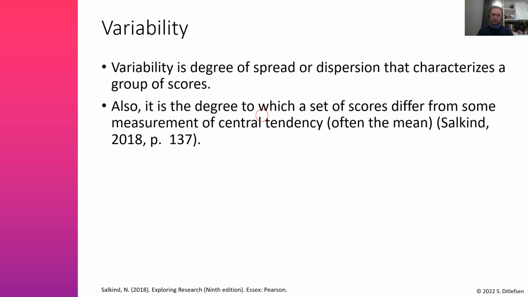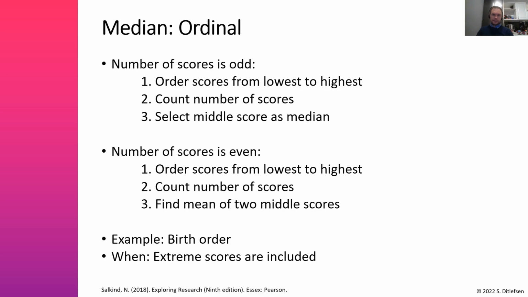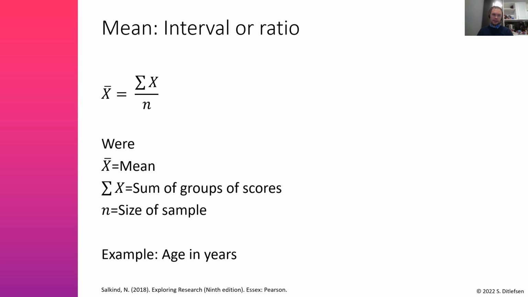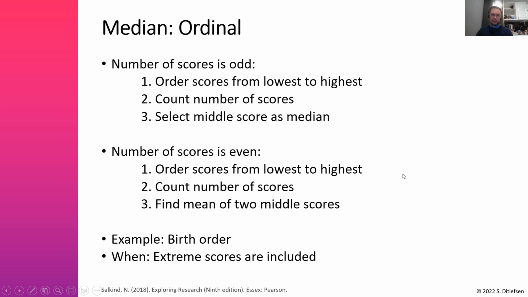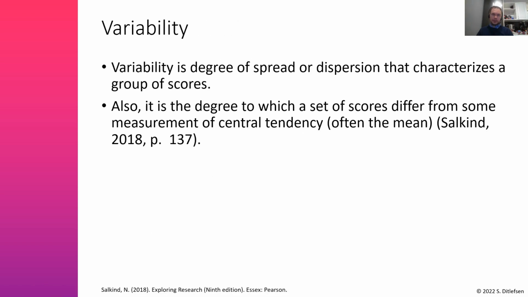We go back 2 slides. Here, mean, something in the middle for interval or ratio, some age in the middle. Then we can see how much the spread is. So variability is the spread from the mean.